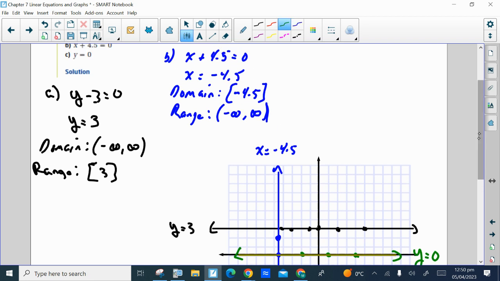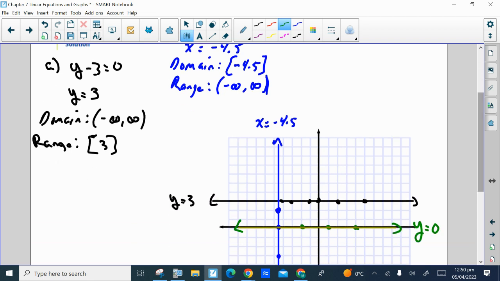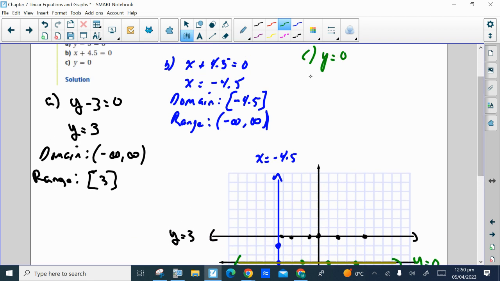So if we're going to state the domain and range for equation C, which was y equals 0, this graph goes to the left and right forever, so the domain will go from negative to positive infinity. But there's only one value that belongs to the range, and that is 0.